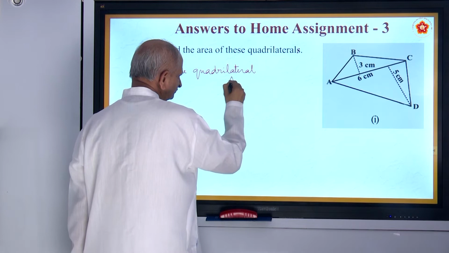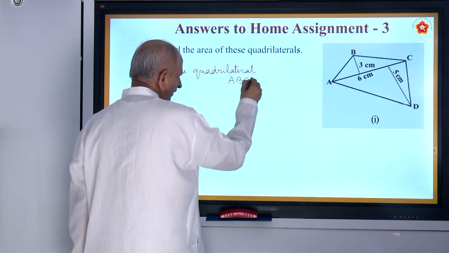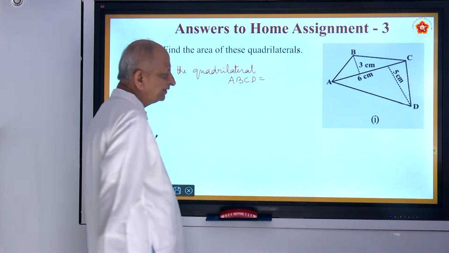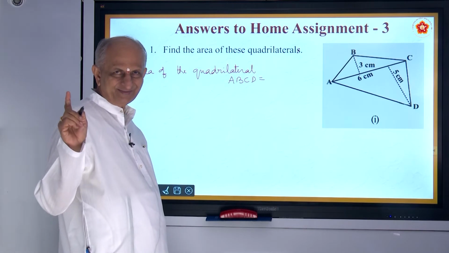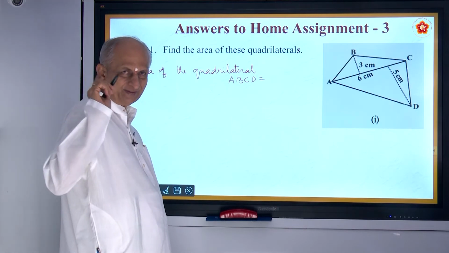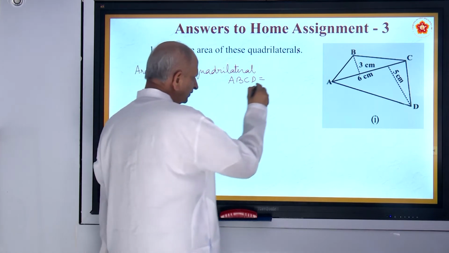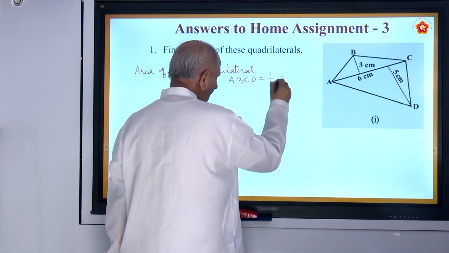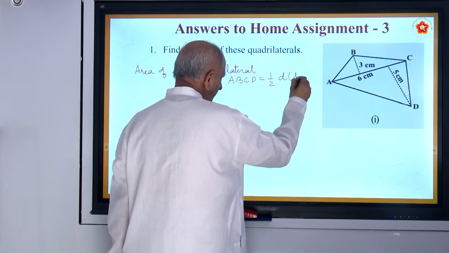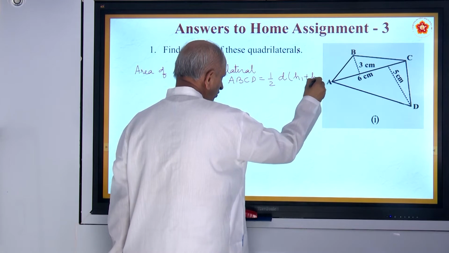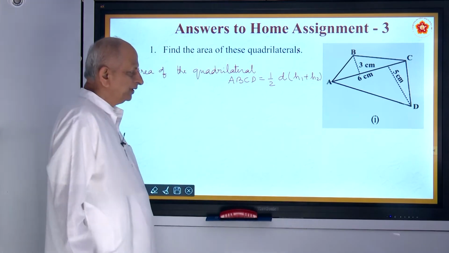Why is it called a quadrilateral? It has 4 sides, it has 4 vertices, correct? Its area is given by the formula half d into (h1 plus h2). Are you noting down?